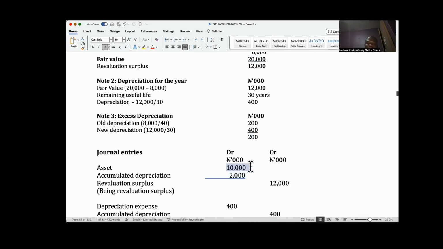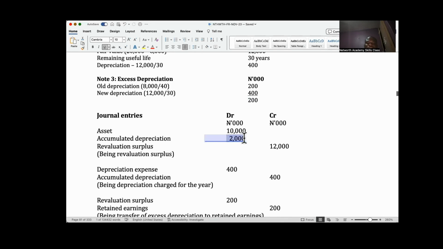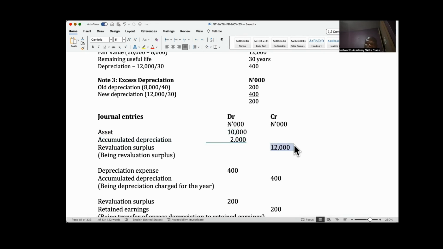So I'll debit my asset by 10,000. Then the accumulated depreciation till the date of evaluation, which you computed here as 2,000, has to be written off, and that is why we debited it, 2,000. The debit side, 12,000. Credit side, 12,000. It jives.